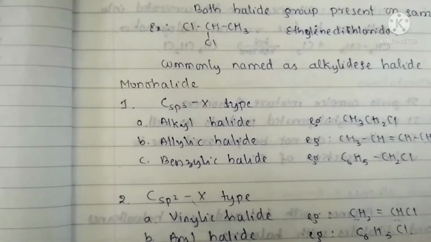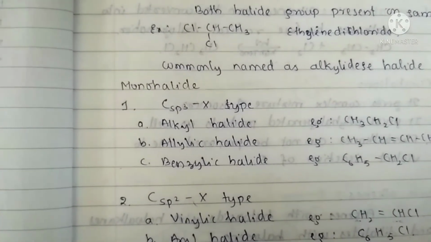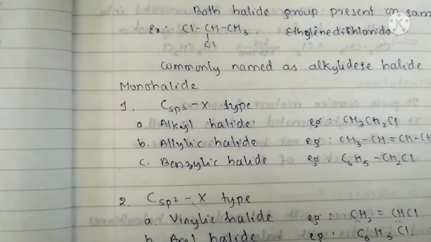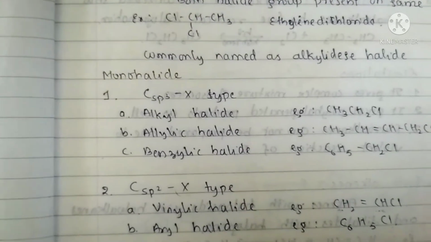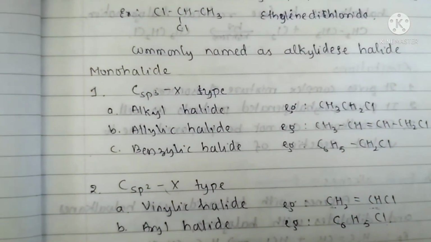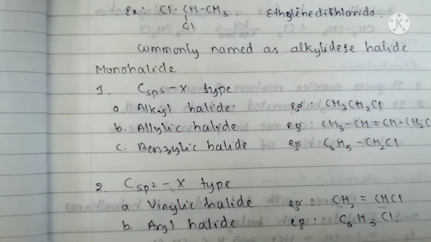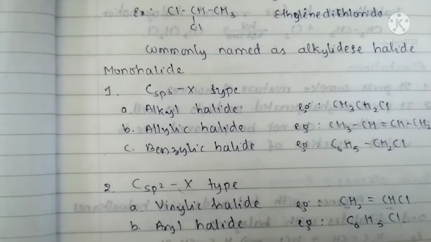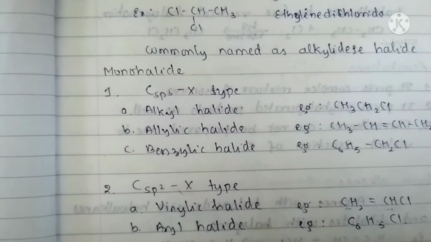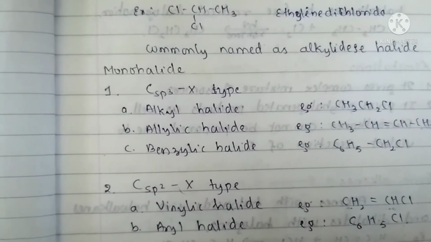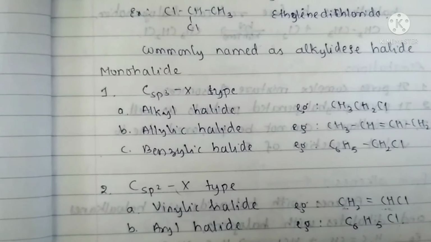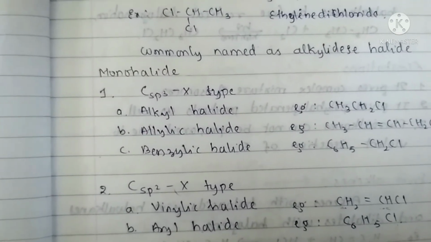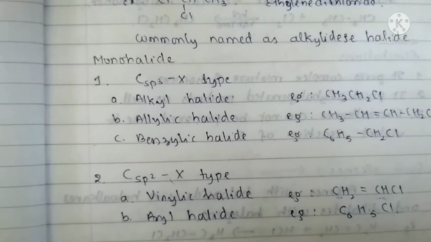Compounds with sp3 carbon connected to halogen can be divided into three major categories. The first one, alkyl halide, CH3CH2Cl, in which the R group is connected to the halogen directly, and the carbon connected to the halogen is sp3 hybridized. For example, chloroethane.